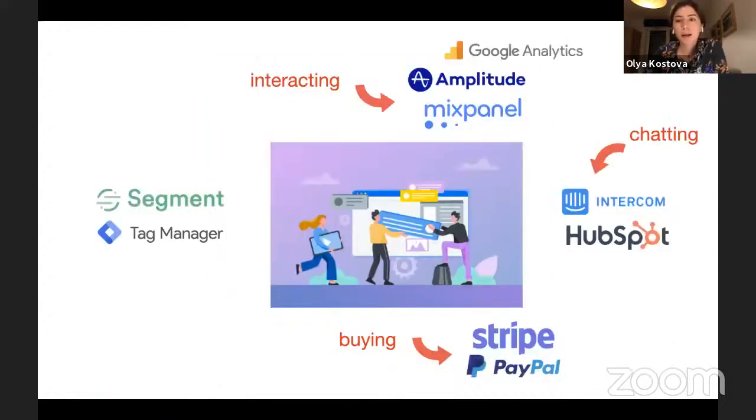And as I said, there are tools that have analogs. So for example, the analog for Segment would be Google Tag Manager or Twilio. There are lots of tools. I'm not trying to present all of them here, but probably the most common ones are here. When it comes to interacting, it would be Mixpanel, Amplitude, and Google Analytics.